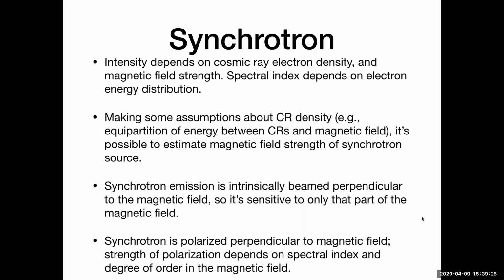Another method that was used that's kind of gone more out of fashion these days was a minimum energy argument, which was, okay, if you make some assumption saying, what is the minimum energy density of cosmic rays plus magnetic field, sort of the combined energy density, you want to minimize that to still get the same observed synchrotron intensity.